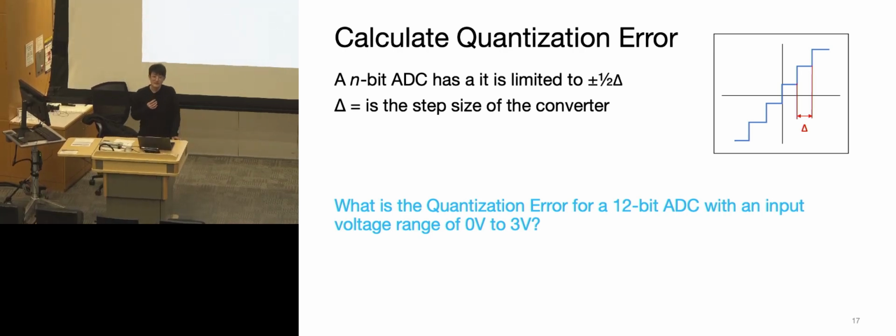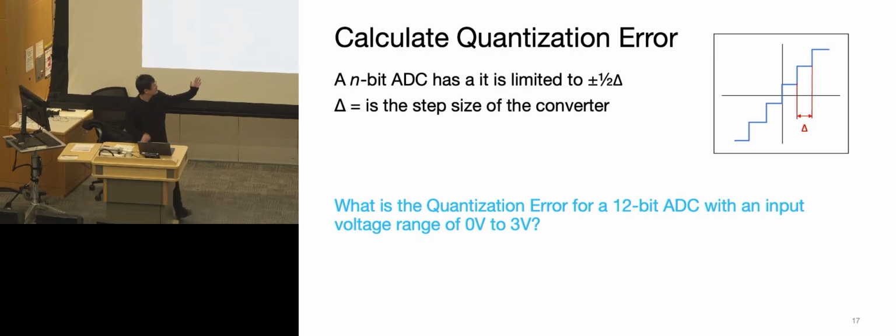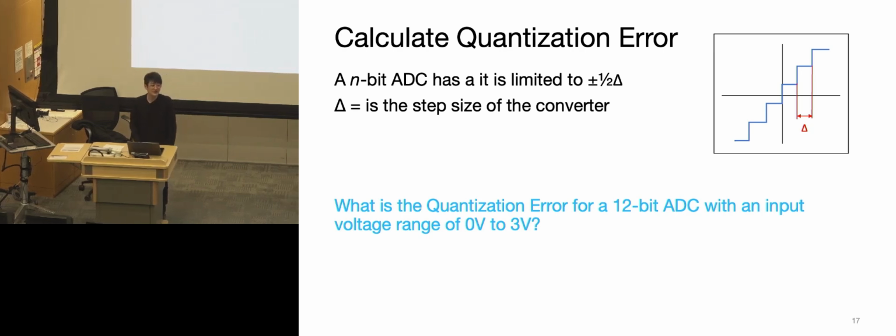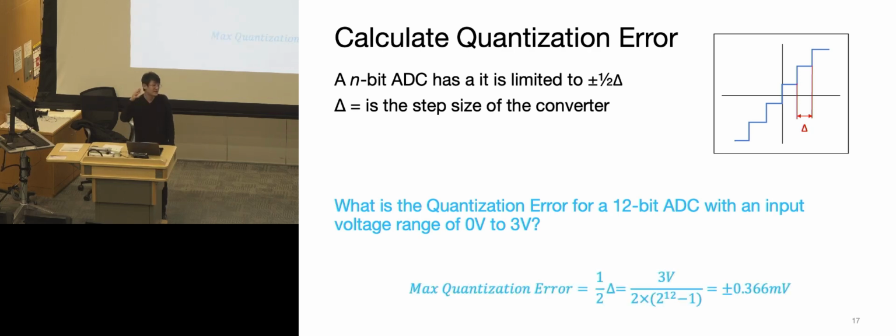All right. Any thoughts on this? What's the quantization error in the system? Anyone? Yeah, 0.7 millivolts. Almost. Check the equation again. There's a 1/2. It's exactly half of that, because we're doing a plus and minus.